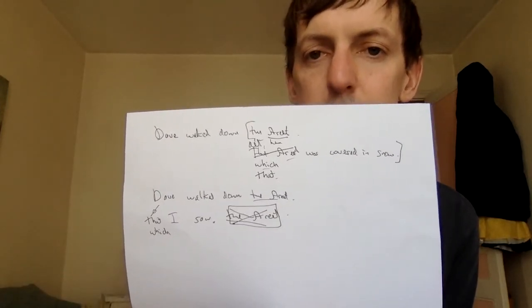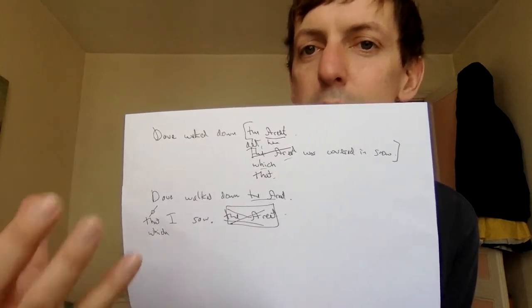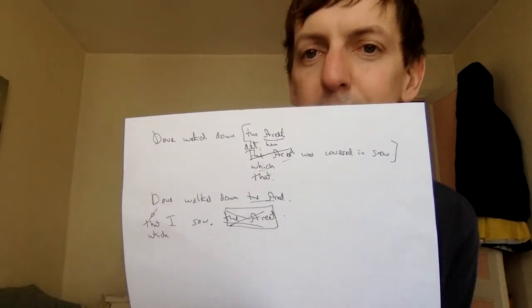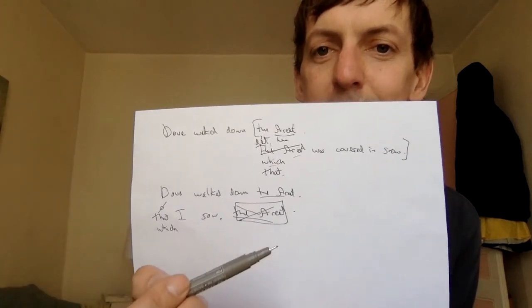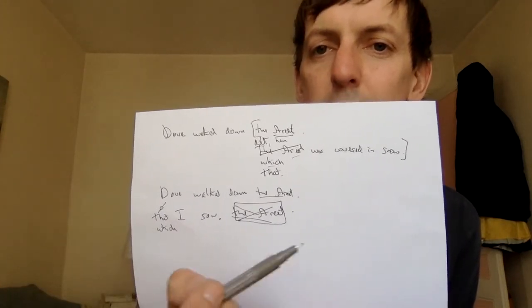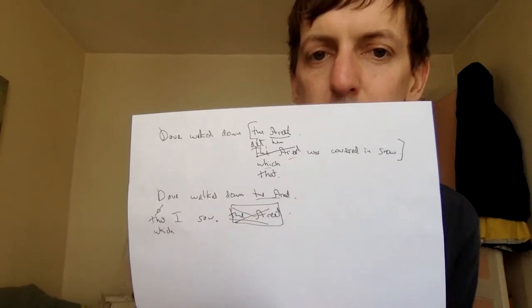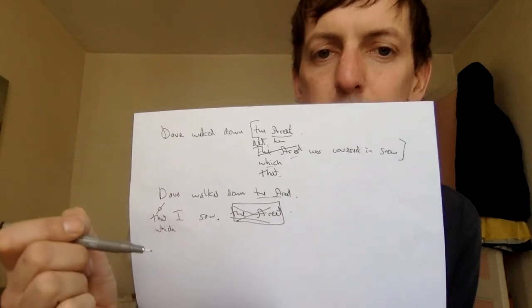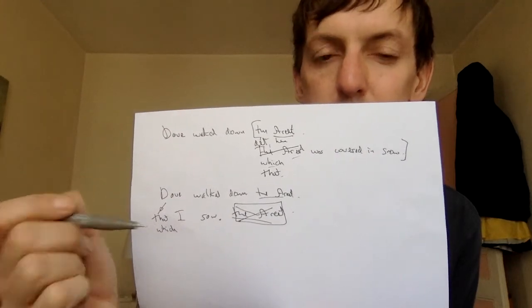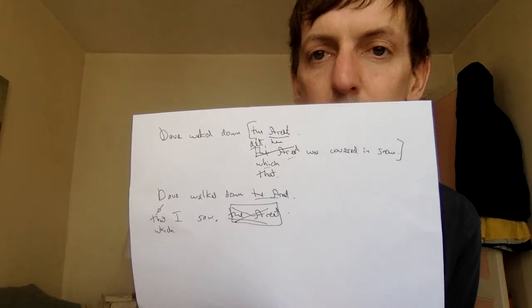And what we notice is that the relative pronoun always is found at the beginning of our relative clause. And since it replaced a word that was at the end of the clause, there's sort of a hole there, right? There's sort of a gap. That's one way to think of it. And this word is sort of hoisted up towards the beginning of the clause. So that's the thing to take into account.